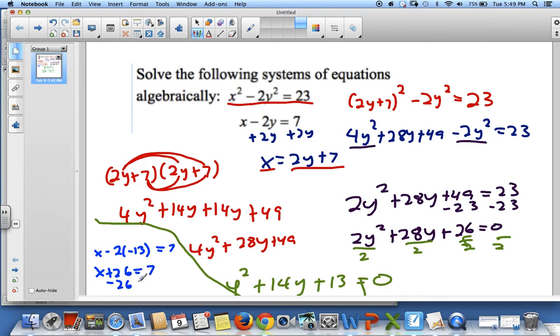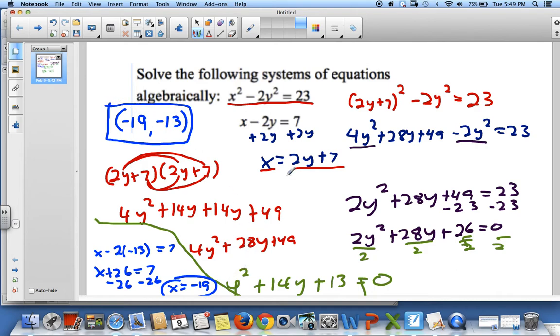Subtract 26 from both sides. So I got x equals negative 19. So one solution will be negative 19, comma, negative 13. So that will be one solution to this equation.